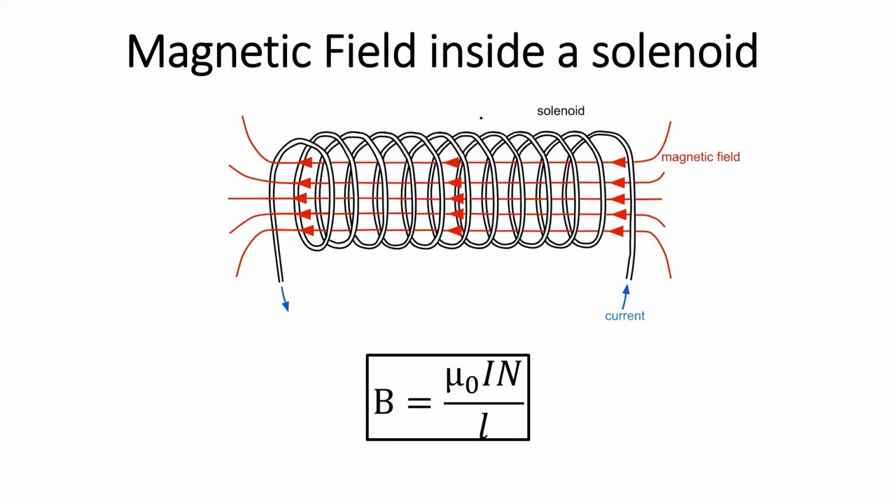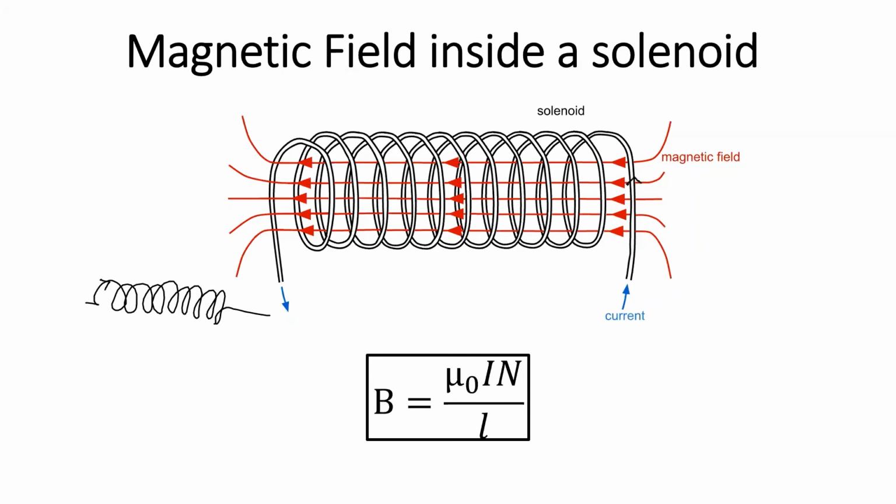So the last equation that you have to know is to find the magnetic field inside the solenoid. Although this diagram looks hard, it is the easiest one. A solenoid is something like a spring. Think of a wire with a lot of turns, and it carries current.